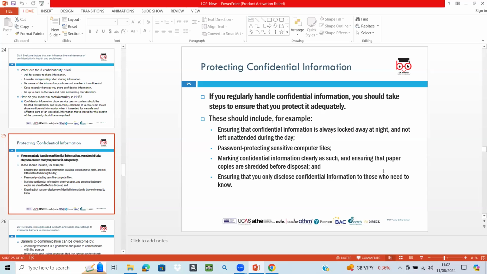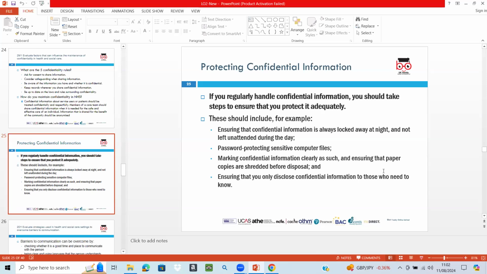Confidential documents should be clearly marked to ensure they are handled appropriately. As an example, files containing sensitive service user information should be labeled as confidential, so anyone handling them knows to take extra care.